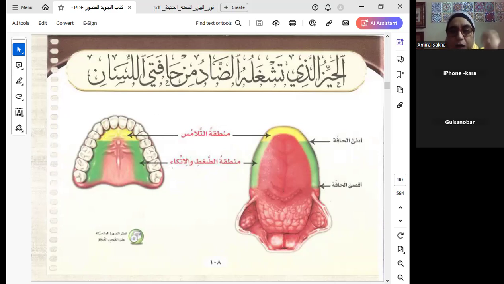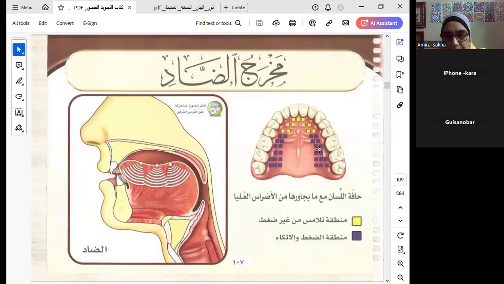Pay attention. When I say full pressing here in this area, I'm pressing here. It's not pressing against the hard palate or the soft palate.